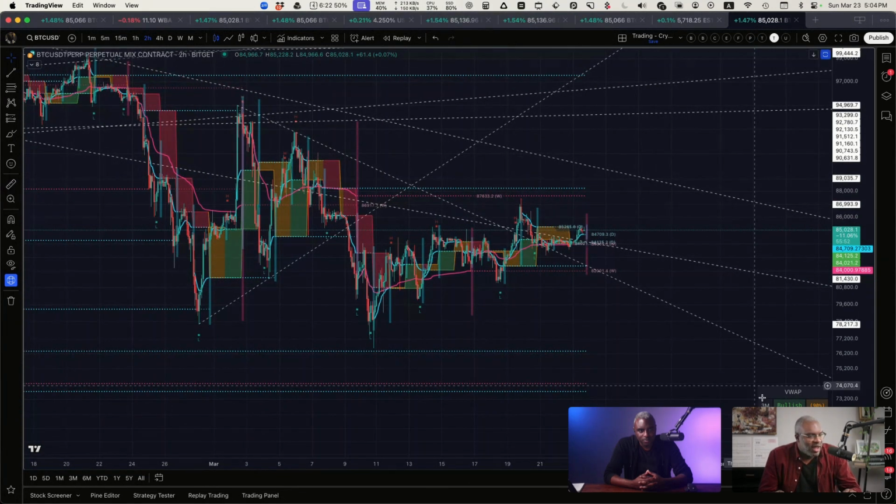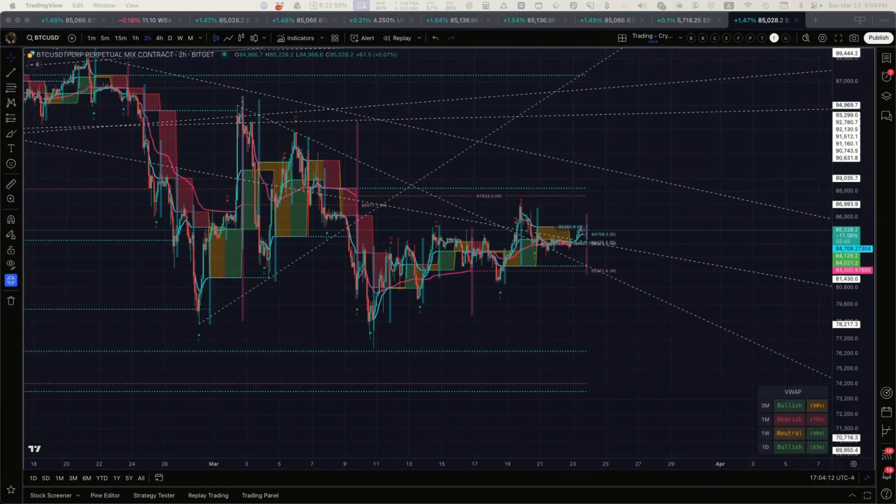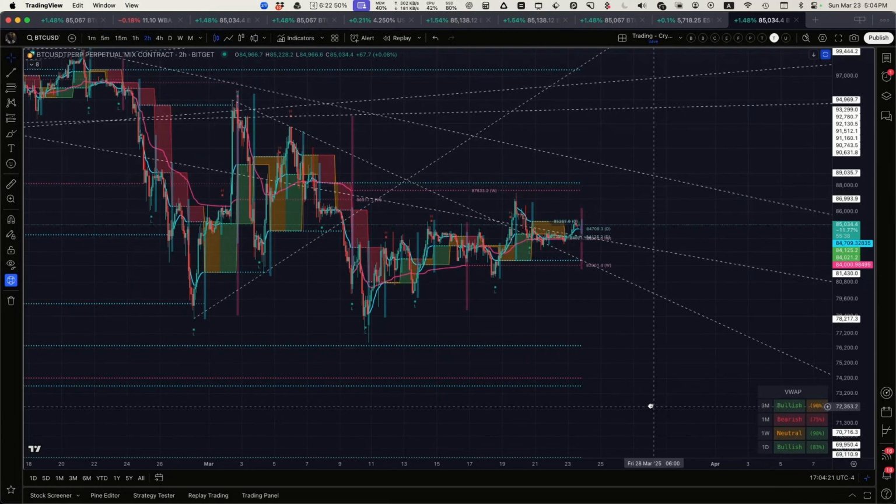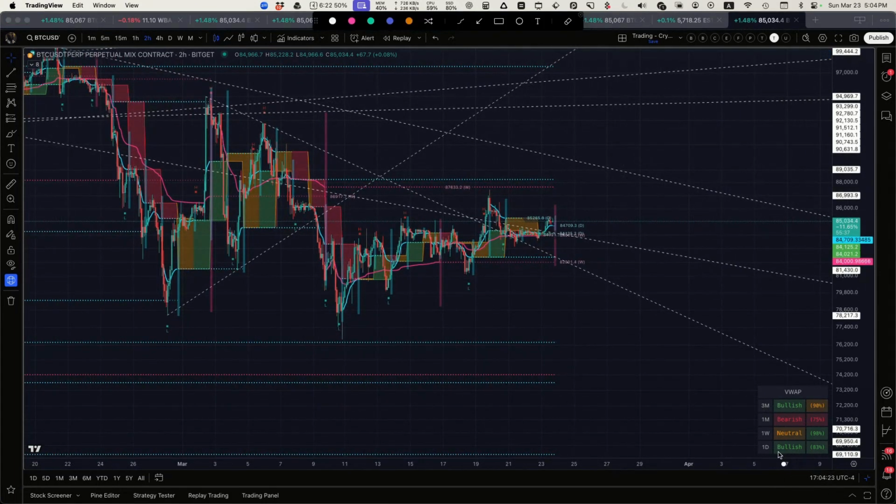But as I take a look, let me pull this in. Let me hide us so we can see it. At the bottom right, the new modifications I added for the multiple trend levels. We have here that we're currently bullish on the daily, and that tomorrow, if we close where we are right now, so basically tomorrow is 8 o'clock tonight, we'll be bullish as well.